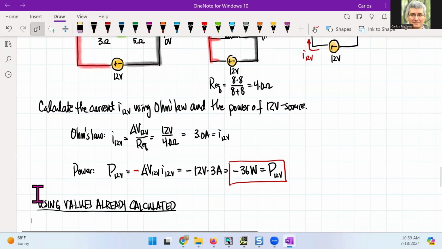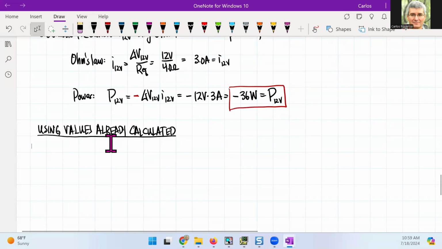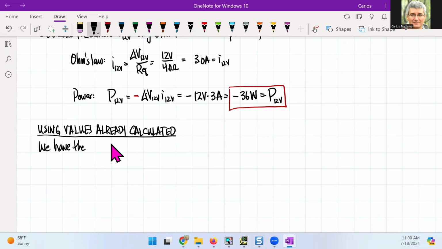So if I look at my circuit, it looks something like this. We have the following circuit with the calculated values.